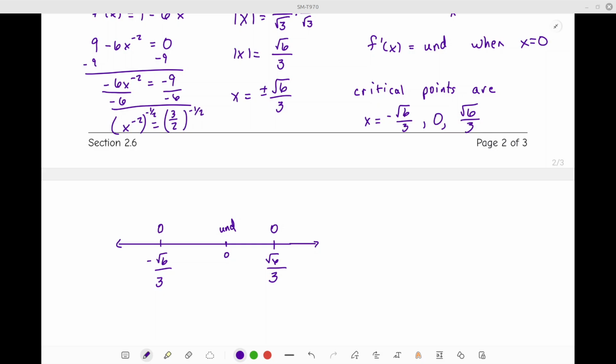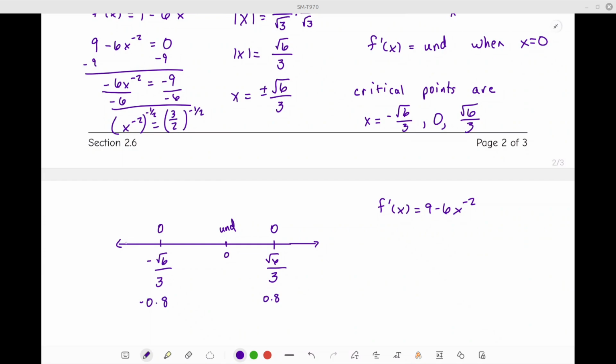And because I'm worried about whether it's increasing or decreasing, not whether it's positive or negative, we have to plug these into the first derivative. So actually, I am going to just bring that first derivative down again onto this page. We got 9 minus 6x to the negative 2. And the square root of 6 divided by 3 is approximately 0.8.